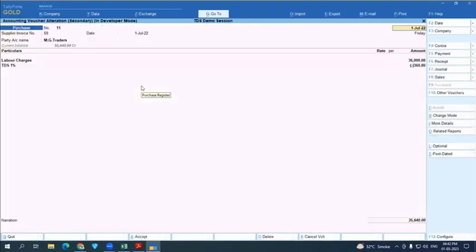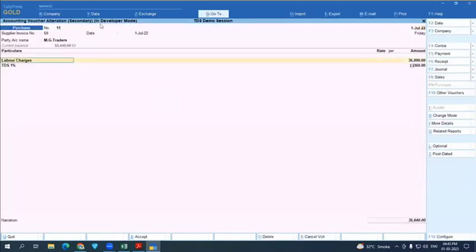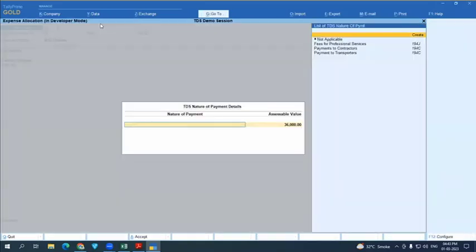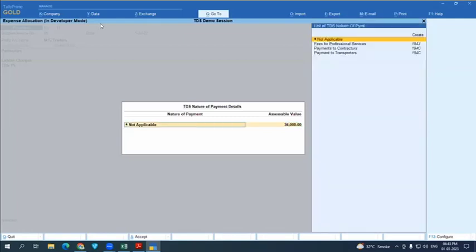That is very easy. Once it is going on a debit note, here you can put not applicable. It means it is not considered for your TDS in any category. That may be another debit note, material given or whatever. So that is the option: you can set here not applicable.